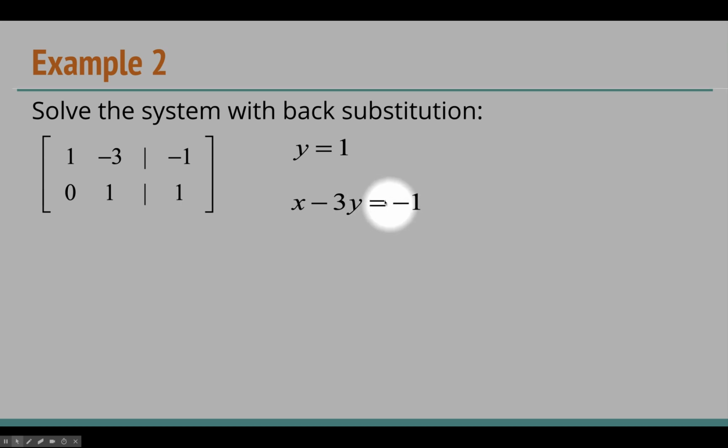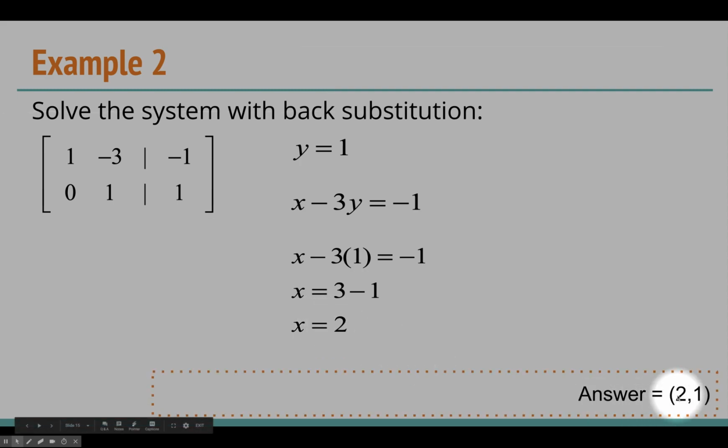Because y is 1, we're going to put it here. So x minus 3 times 1 is equal to -1. Solve for x and we get x equals 2. And so there is my solution. X is 2, y is 1.